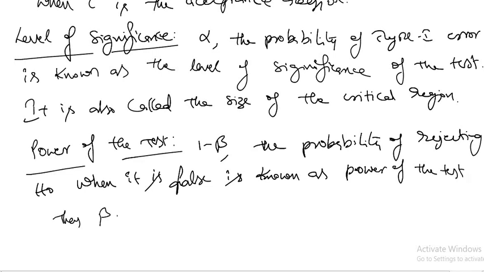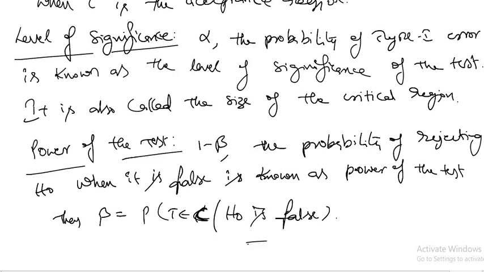Thus beta is the probability of the region, capital C, such that H naught is false. This is beta.